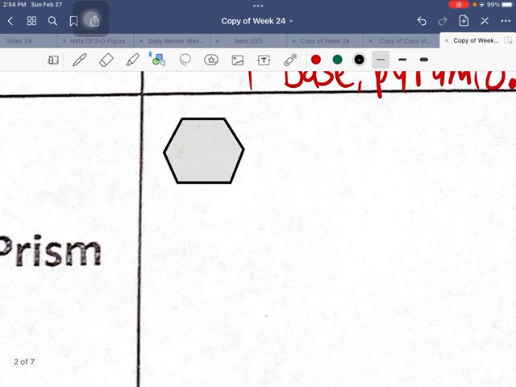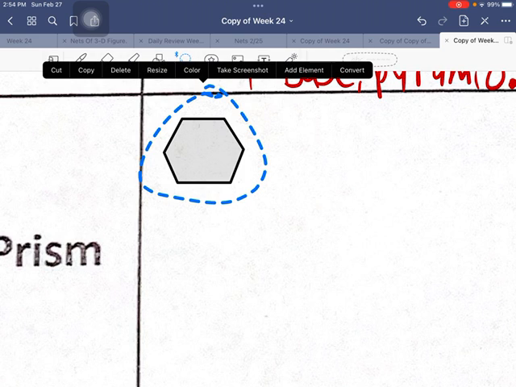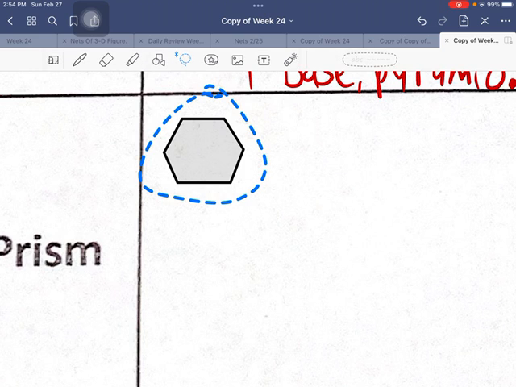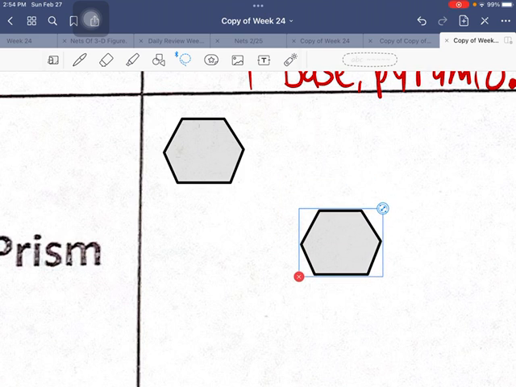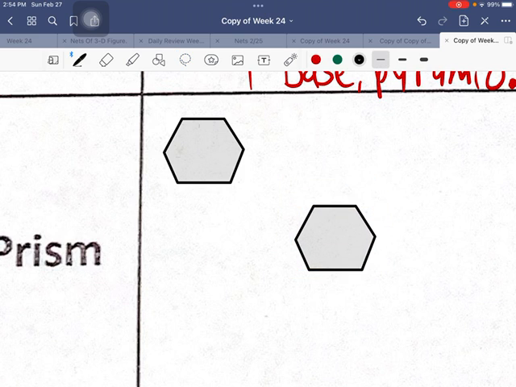Wow, that's really good. Let me just see if I can copy and paste it, because that would be better. Pretty cool. Now, all you gotta do is connect the same dots with the same dots. Not very good.